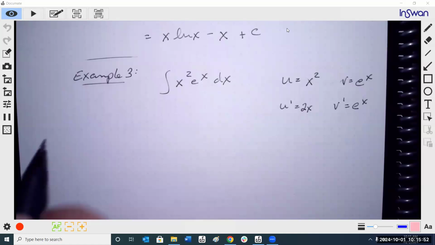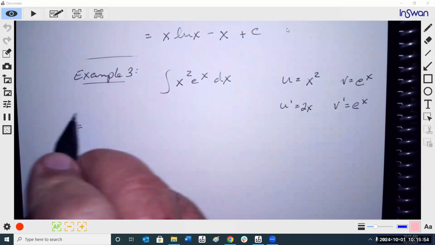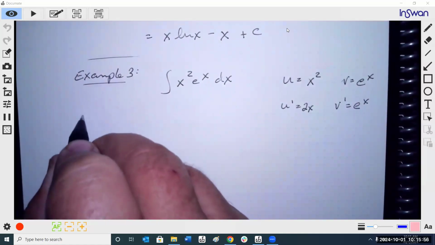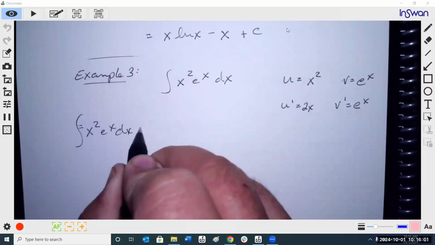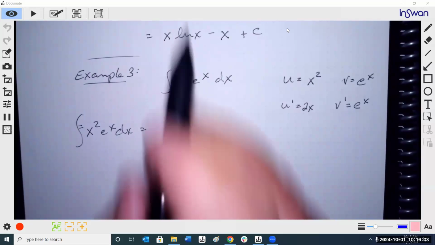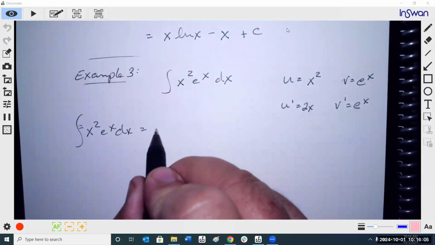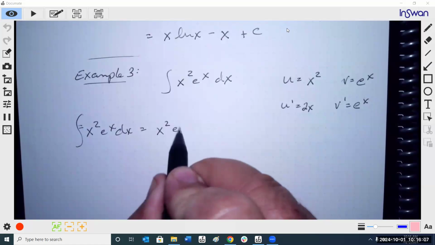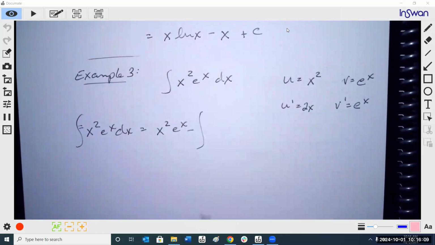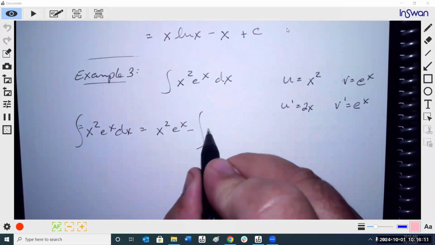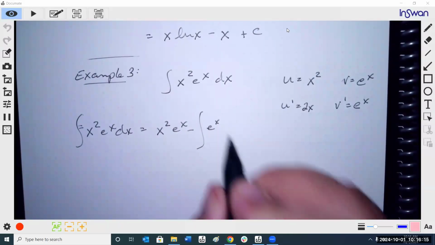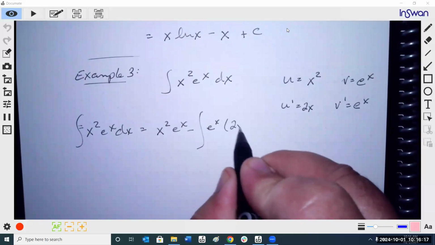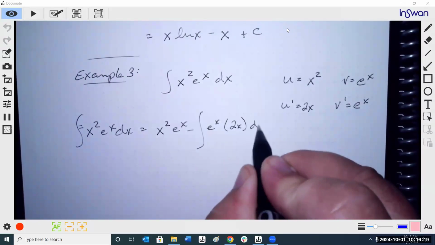So we have everything we need. Let's plug in what we have. So we have our function, which is x squared e to the x dx, equals uv, which is x squared e to the x, minus the integral of v du, which is e to the x times 2x dx.